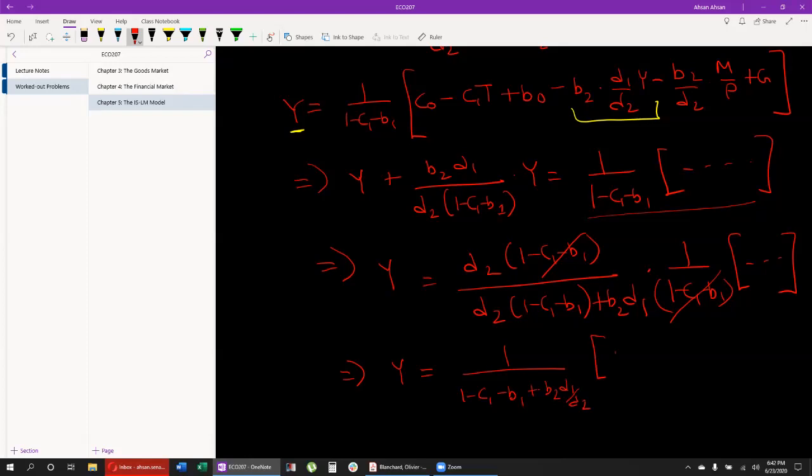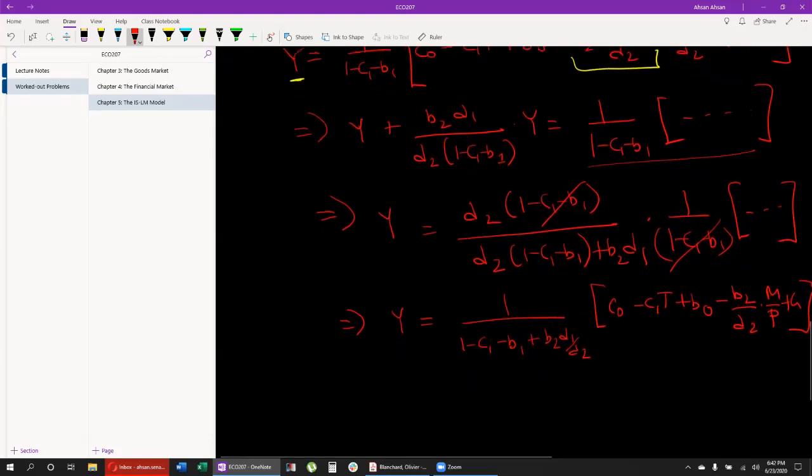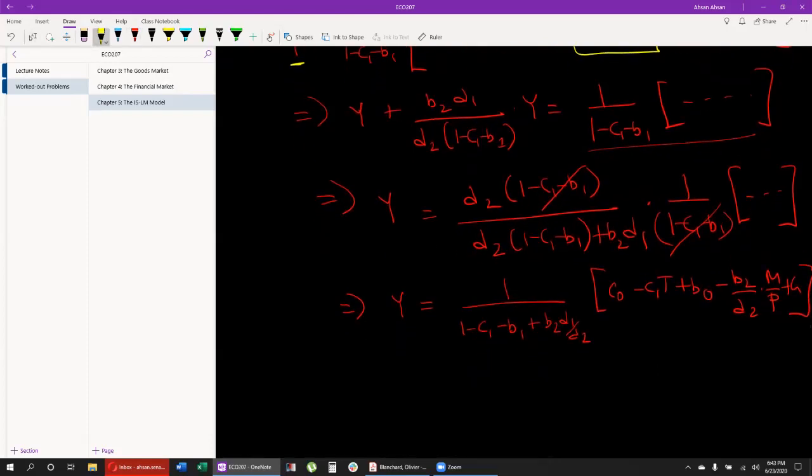And what did we have in the bracket? C0 minus C1t plus B0 minus B2 by D2 times M by P, plus G. Okay, so in this case, this is our multiplier, and this here is the autonomous part of the consumption.